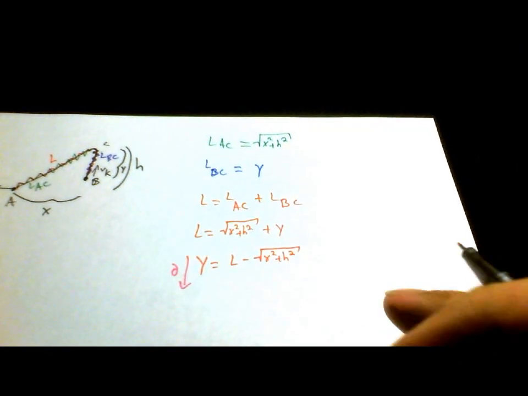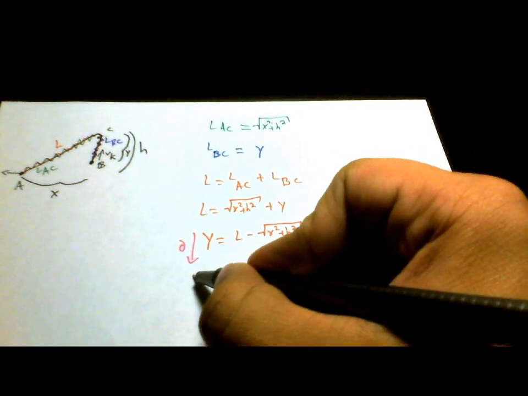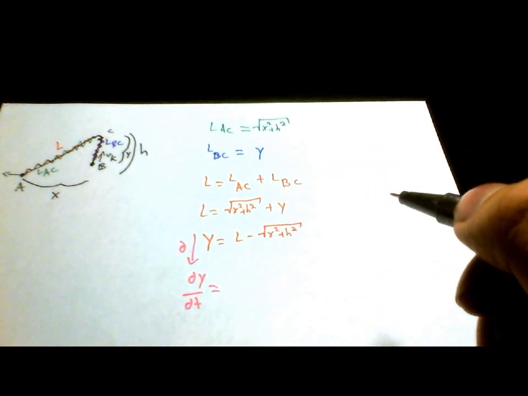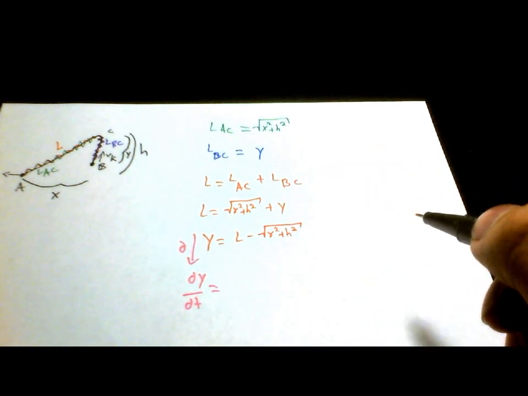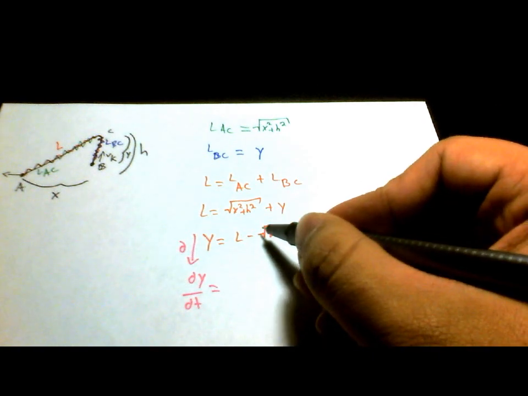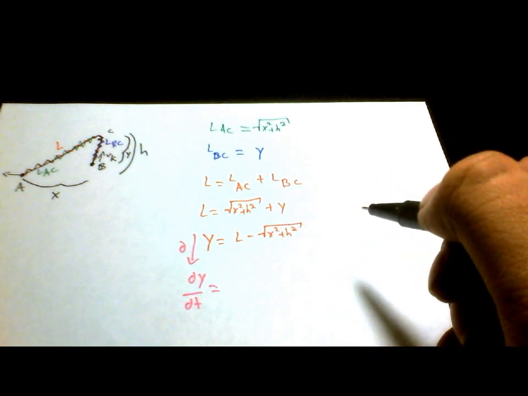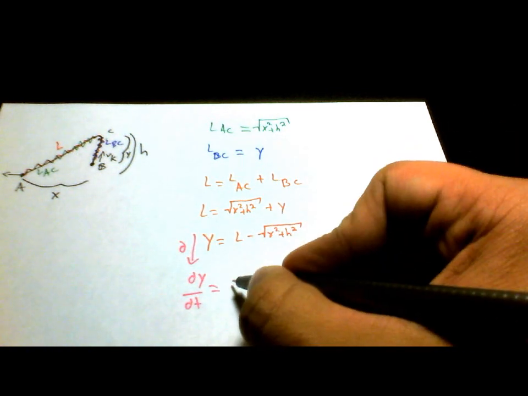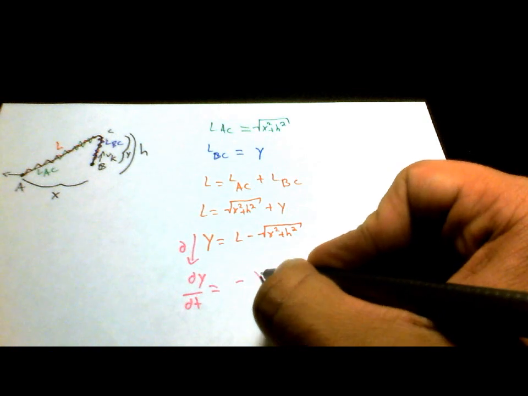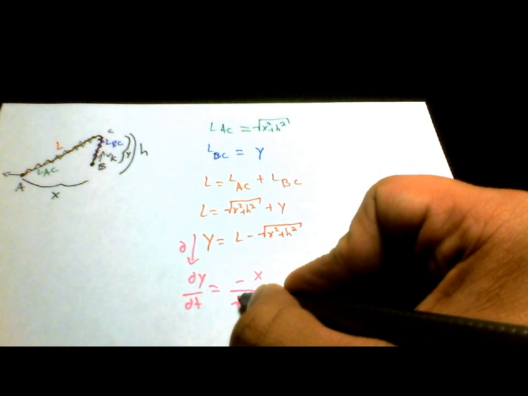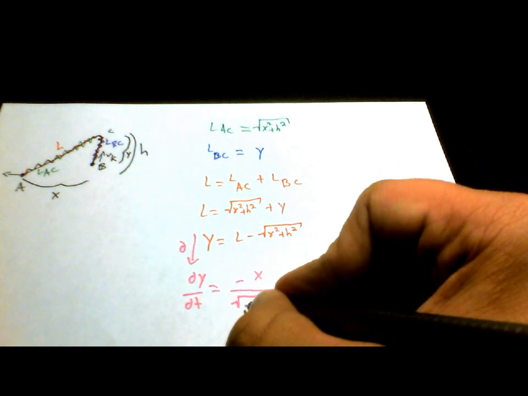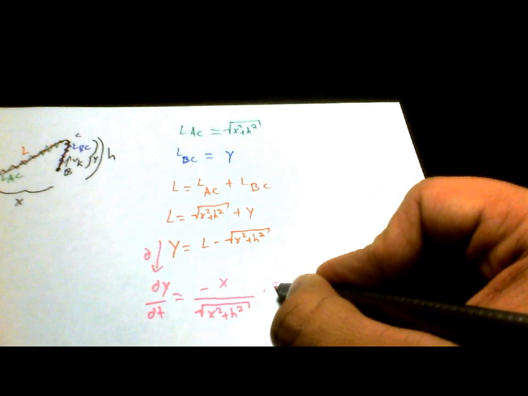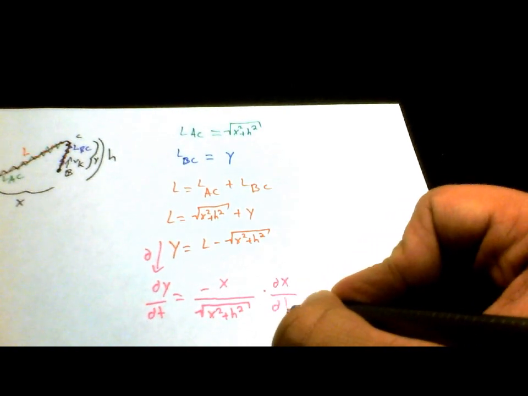This side should be dy dt equals the derivative of L, which is 0. And if we take the derivative of this, I'll just tell you what it is. You end up getting negative x over root x squared plus h squared times dx dt.